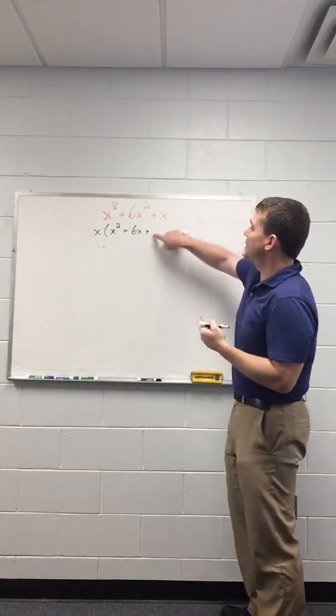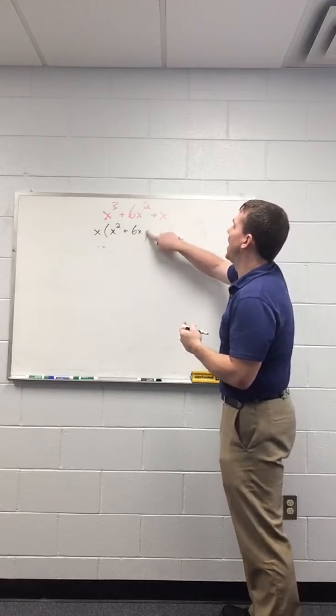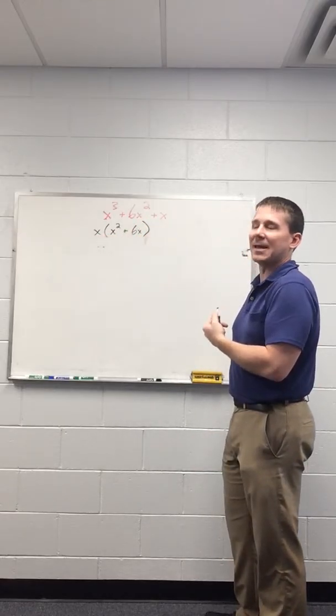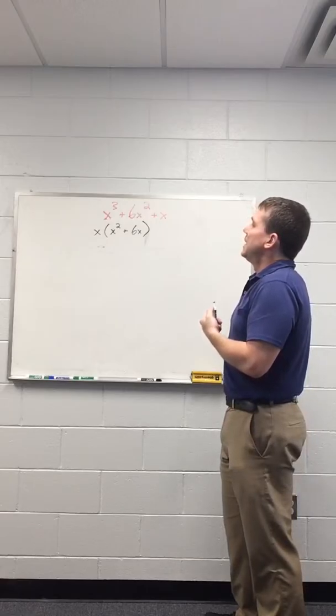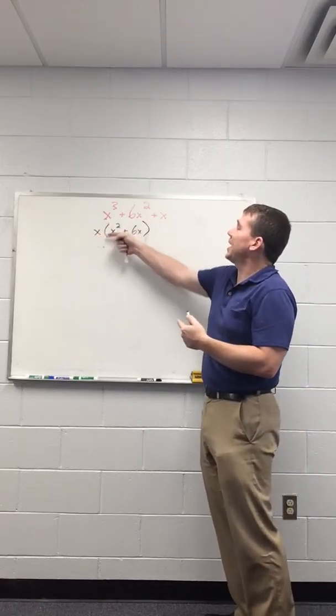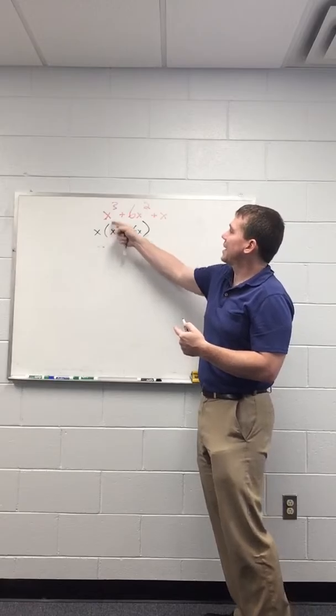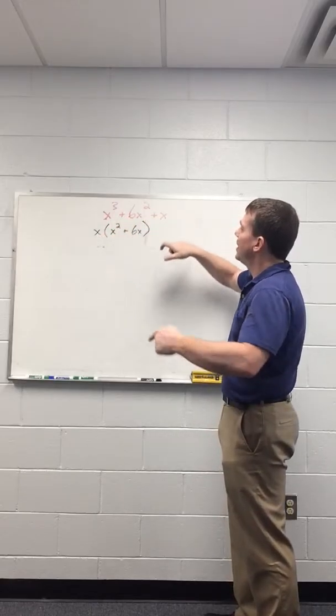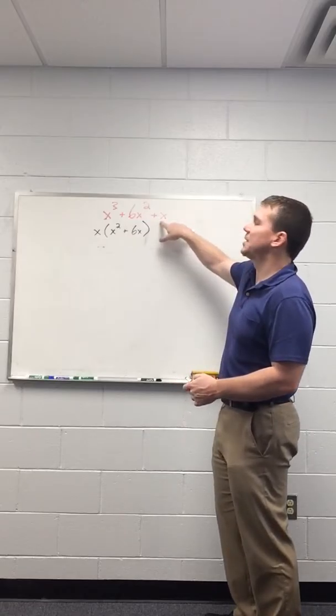Here, the tendency is to leave that blank and just say, oh, I had an x, I factored out an x, so I'm left with nothing else, 0. The problem is, if we just check it by foiling, x times x squared is x cubed, x times 6x is 6x squared, but this x just disappeared.